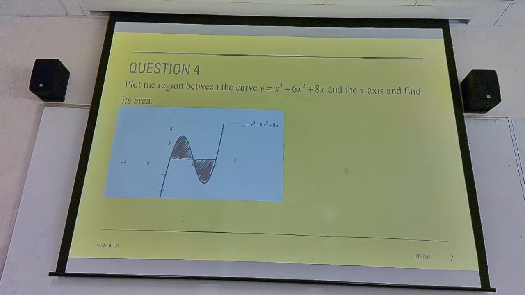There are actually two ways to set this up, since it's bounded by the x-axis and the curve. First way is to recognize this as two separate regions. Find the area of each region, add them together.